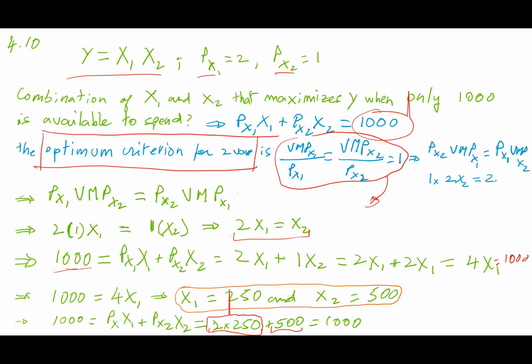The price of x1 is 2. So if I multiply the price by the quantity that I know, 250, I get the cost of x1. Once I get the cost of x1, that is 500, then I know by deduction what the cost of x2 is going to be. And so that should help you solve the 2 problems I gave you in this class. Thank you.